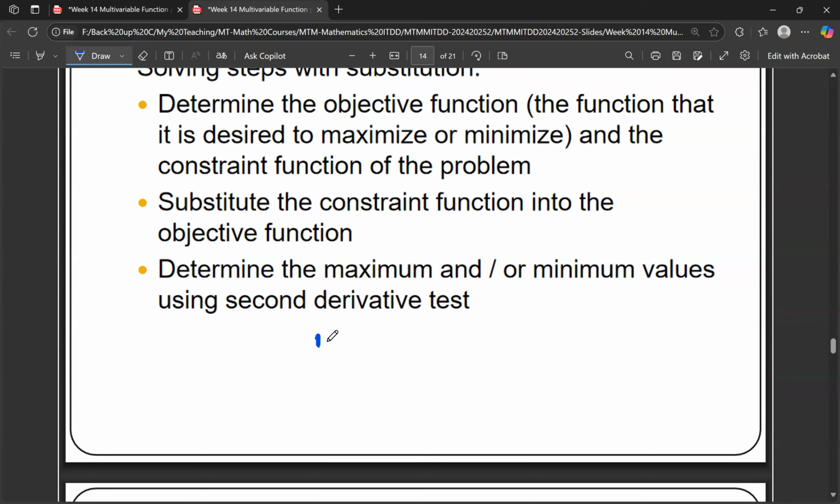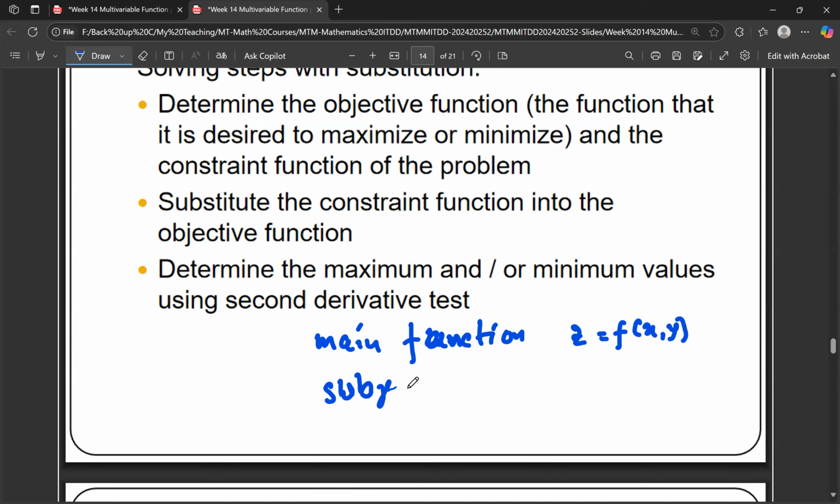We must have a main function, for example, z is equal to f depending on x and y, and we have a constraint, subject to a constraint.